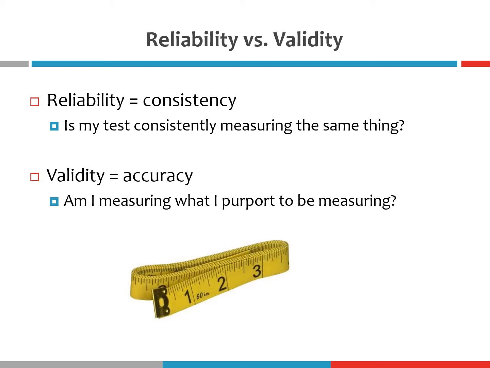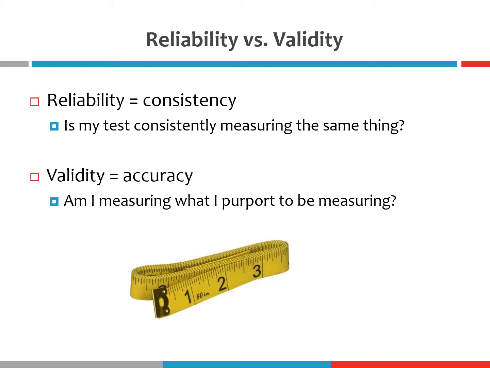So for example, let's say you were trying to measure intelligence, okay? And you decided to measure intelligence by looking at the circumference of your head, right? To measure the circumference of your head, you simply used a tape measure, okay? And every time you used a tape measure, you got the same measurement, okay?